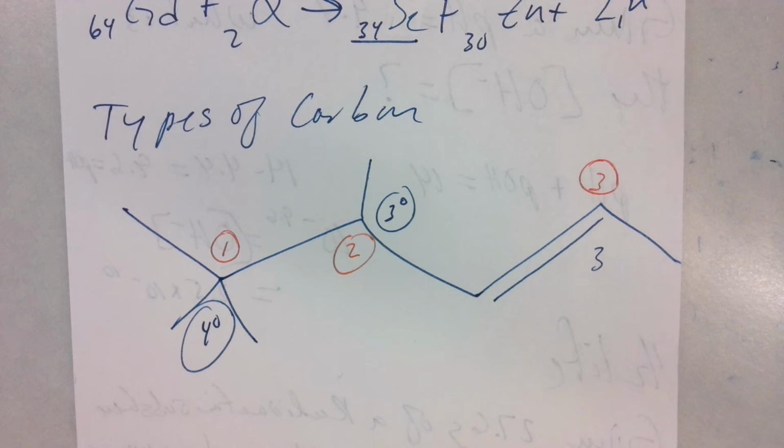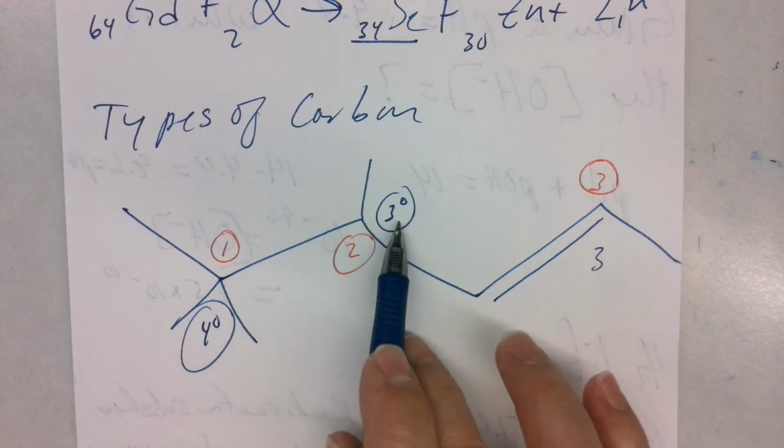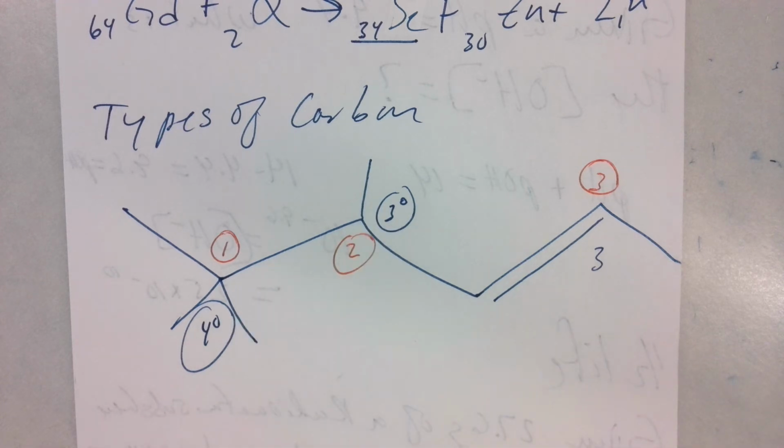Let me think about that for a second. No, I'm pretty sure it's tertiary. I want to say it's tertiary too. Then number 2 is... No, number 2 still tertiary. It's got 3 carbons.